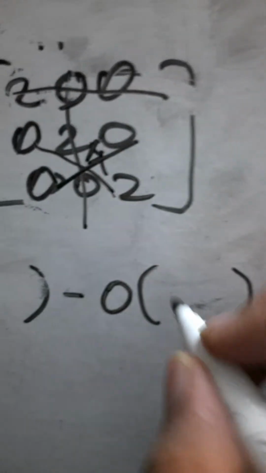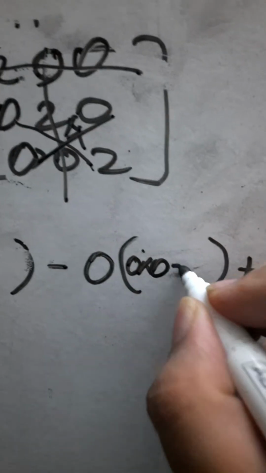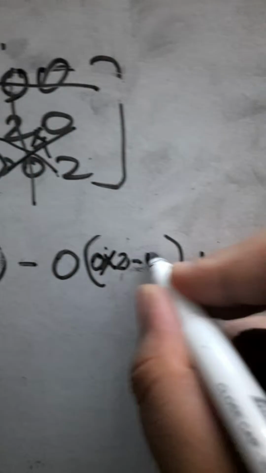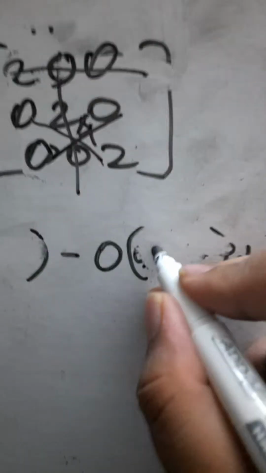So 0 into 2 minus 0 into 0. So here we go, 0 into 2 is 0, minus 0 is 0. So 0 minus 0 is 0.